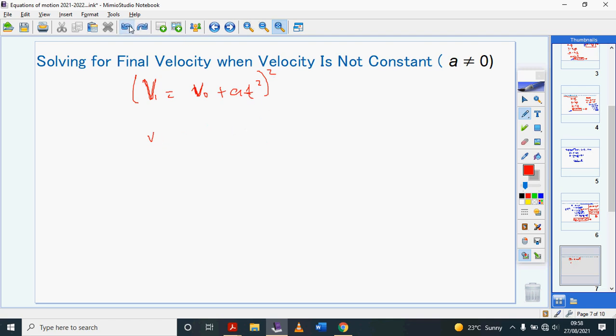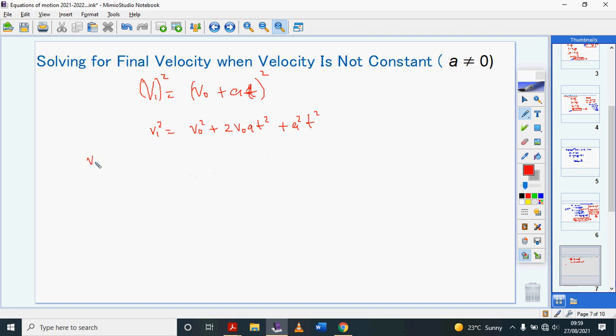Oh, wow, sorry. I bet you've been screaming the whole time. It should not be v0 plus a t squared, it's just v0 plus a t. Yes, thank you. So if I square both sides, I'll have v1 squared is equal to v0 squared plus 2 v0 a t plus a squared t squared.